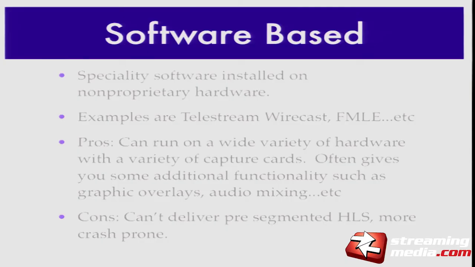So what is software-based? It's basically just a piece of software that's going to sit on a non-proprietary piece of hardware. It's Telestream Wirecast, it's Flash Media Encoder Live. If you're using YouTube, it's the little YouTube downloader that you can download to just stream from your computer.